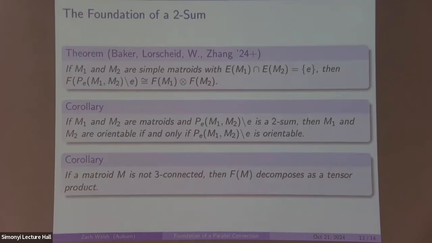I guess this orientable result is probably about representations over the sign hyperfield. Yes. Basically, the way we get this with foundations is that if these two matroids are orientable, both of their foundations have a map to the sign hyperfield, and therefore this tensor product has a map. Thank you.